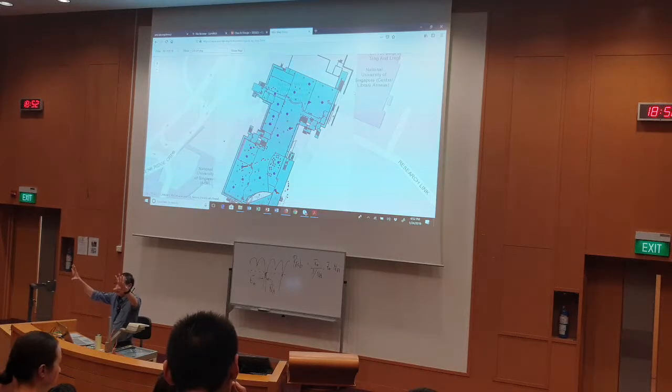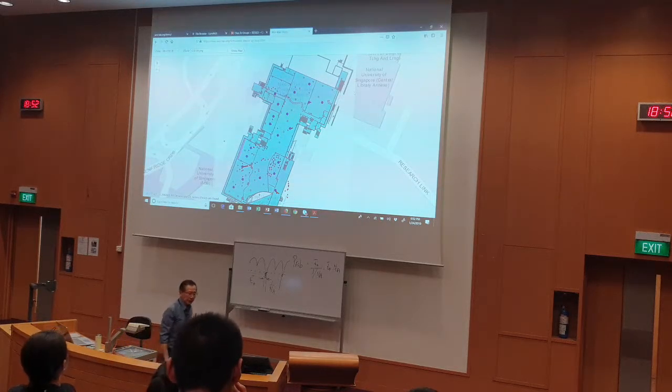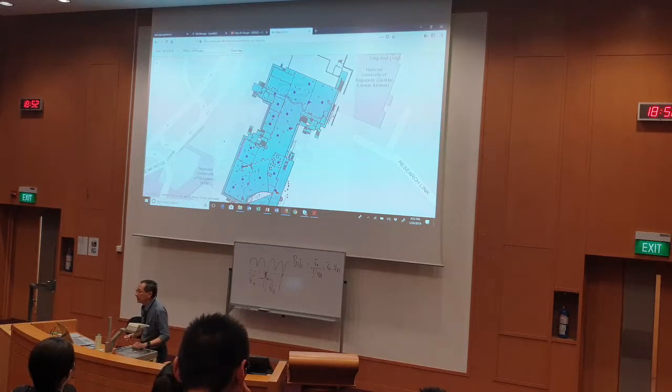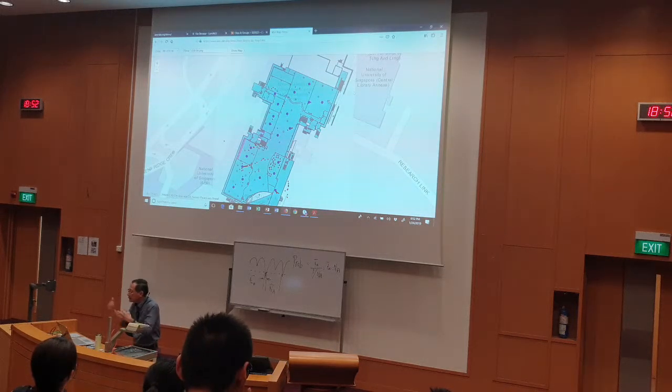It doesn't work anymore. So that was a project that we did where we hotspotted all the shuttle buses, so that when you walk into the shuttle bus, it automatically connects to the NUS network. But when you connect to the NUS network, it doesn't mean that you are connected to the internet, because the hotspot has to be connected in some way to the internet.